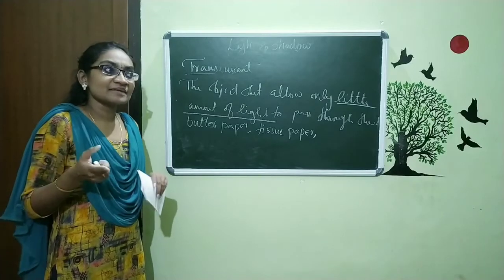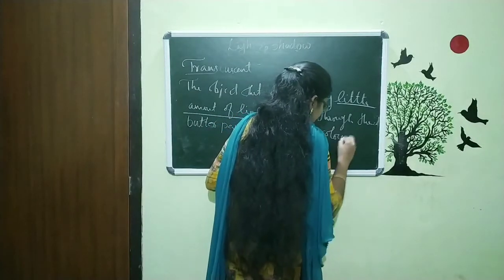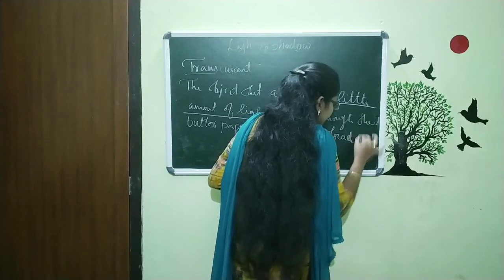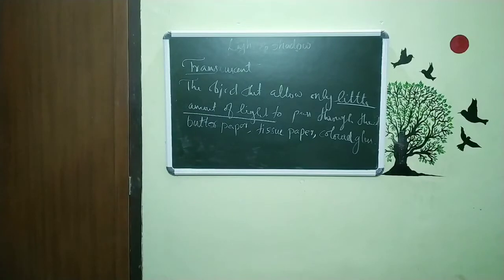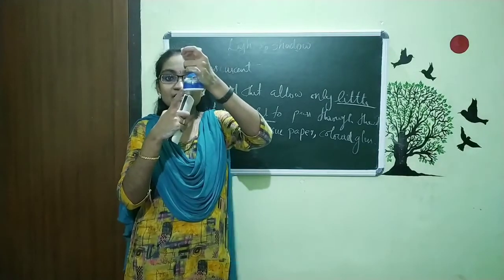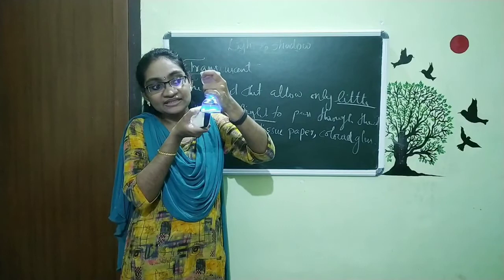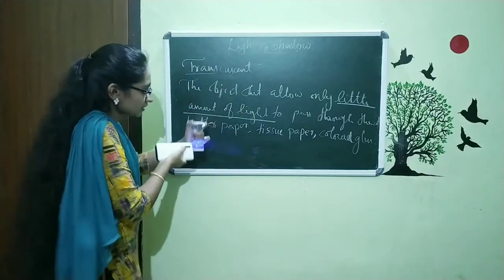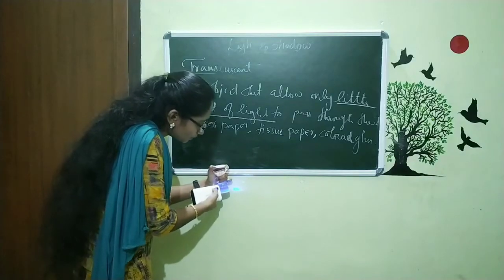And the another example is colored glass. So I will show you. We are just taking colored glass. Here you can see color is there. When I am giving light, what color light is there coming out? You can see the color of light coming is blue color.